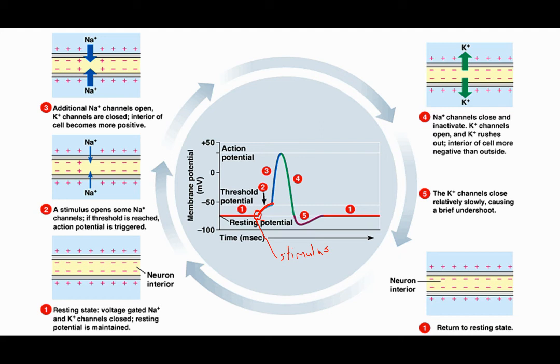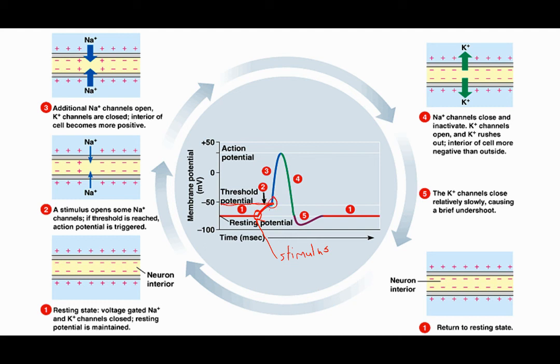There is what's called a minimal threshold potential, which is the minimal stimulus required to get an all or none response. In other words, neurons have to have enough of a stimulus to open up all the sodium channels. In this graph, you can read the minimal threshold potential across here.